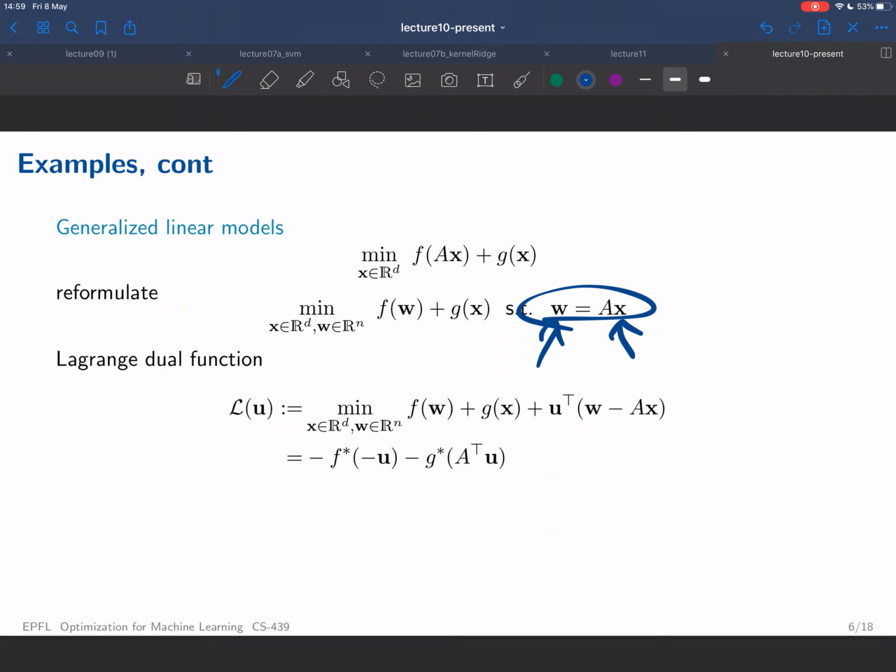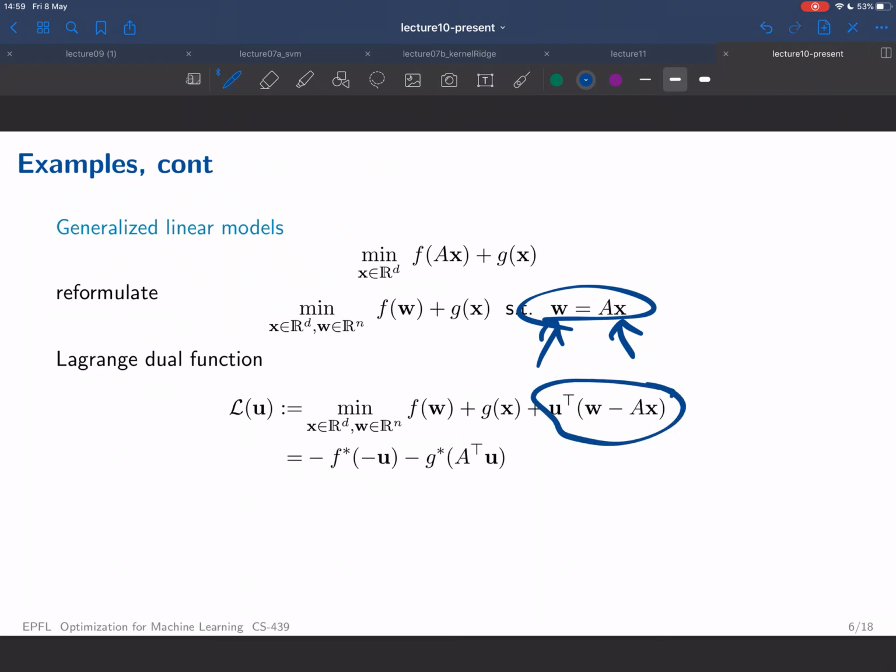So what we do is we take the Lagrange dual. We don't only have one equality here, because w is a vector, so you have many rows in the A matrix, and as many equality constraints. For each equality constraint, we introduce a slack variable, or a Lagrange multiplier.